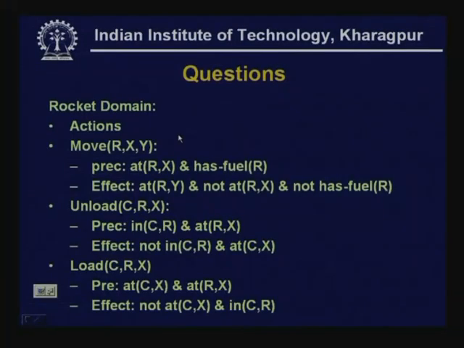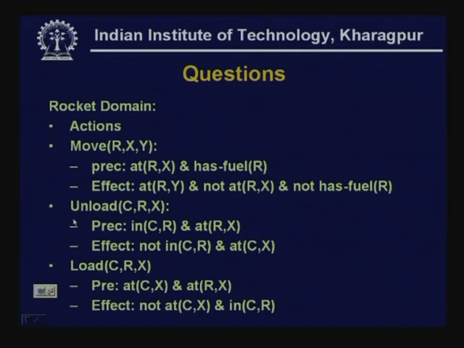The domain that we will be considering is a rocket domain, where we have the following actions. Move r x y: move rocket r from x to y, precondition is at r x and has fuel r, effect is at r y and not at r x and not has fuel r.